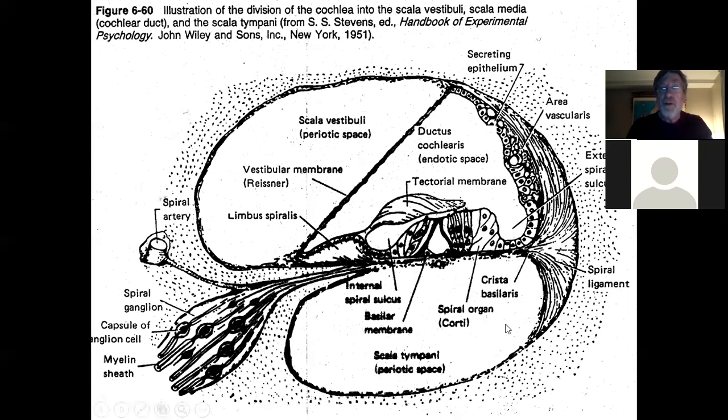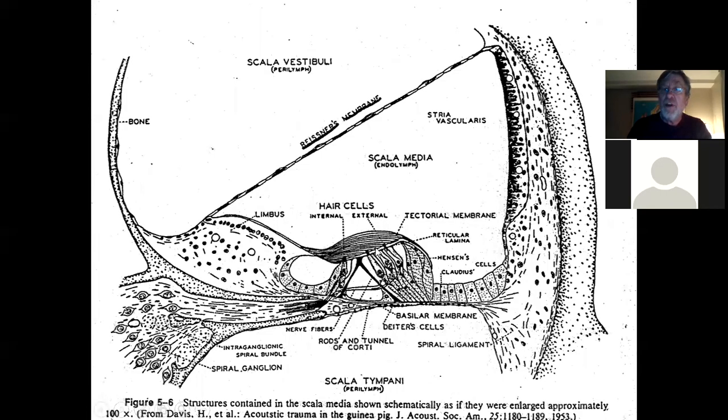And so you have the basilar membrane, Reissner's membrane, and the tectorial membrane, which is just a blob of jelly, and it lays on top of the hairs. There's the hairs, and these are inner hair cells, outer hair cells. Inner hair cells, afferent, sending info to the brain.